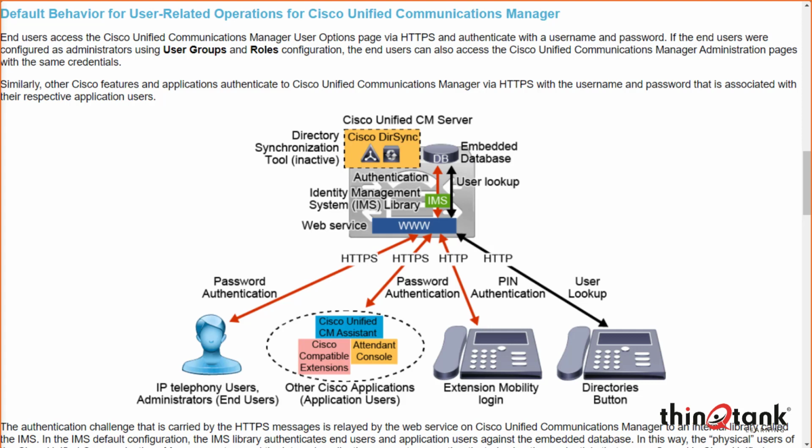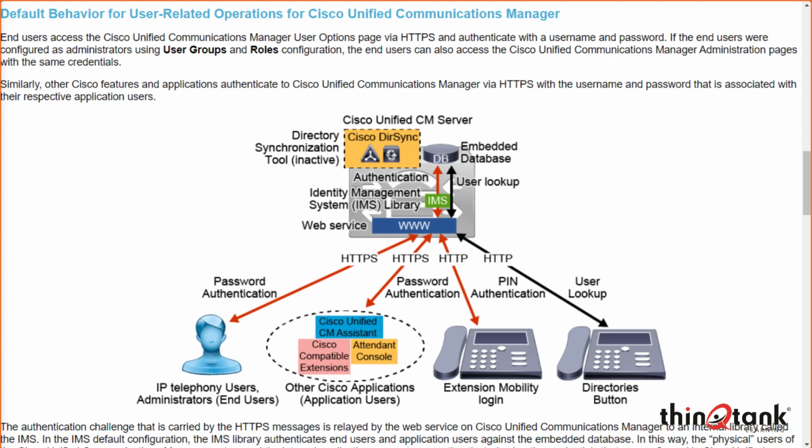Extension Mobility Login requires PIN-based authentication. You press the directory button, and that allows you to do lookups through the web service and through the IMS into the embedded database within Unified Communications Manager. And then we also have password-based authentication for administration users as well as IP telephony users.